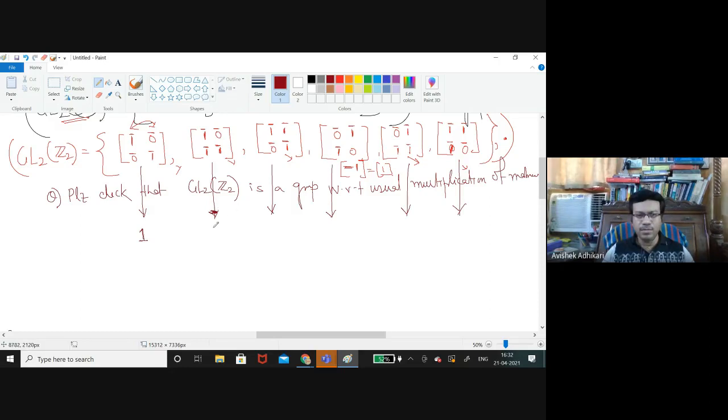Okay. Those who are having even roll number, please do this. Who are having odd, do this. Or maybe 1, 2, 3, 4, 5. So roll number divided by 5, whatever would be the remainder, do this. So I consider this to be 0, 1, 2, 3, and 4.